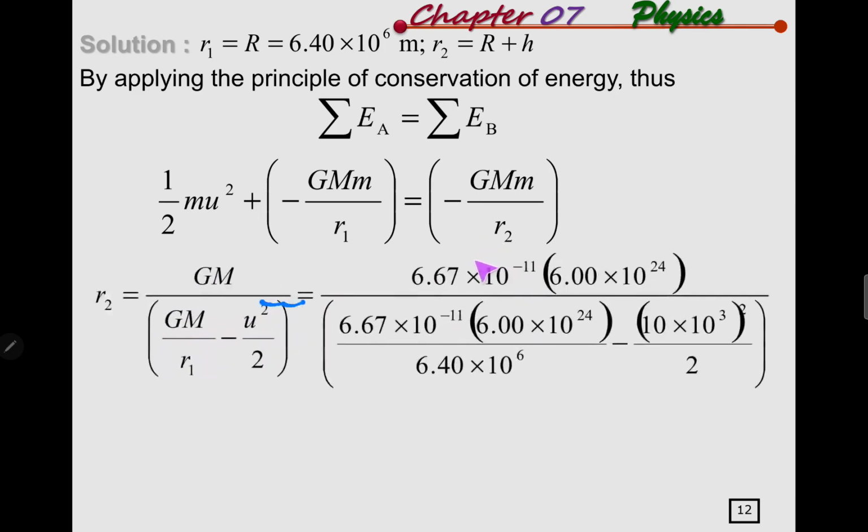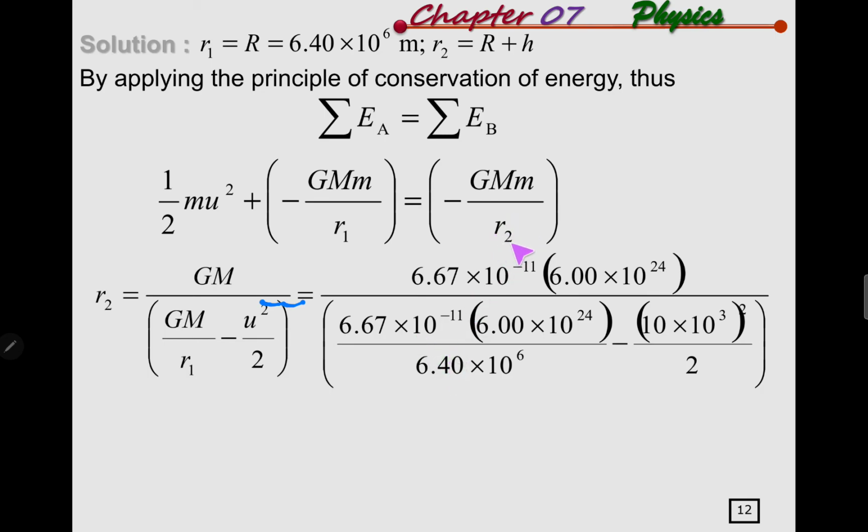So if we expand, initial r1, and then over here for the final, we replace in the values. r1 will be the value already given. Now we are going to determine the value of r2.